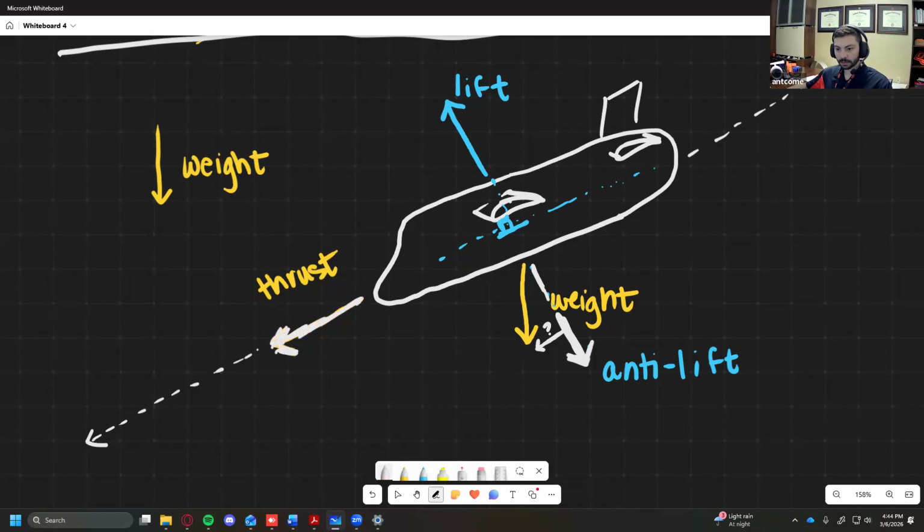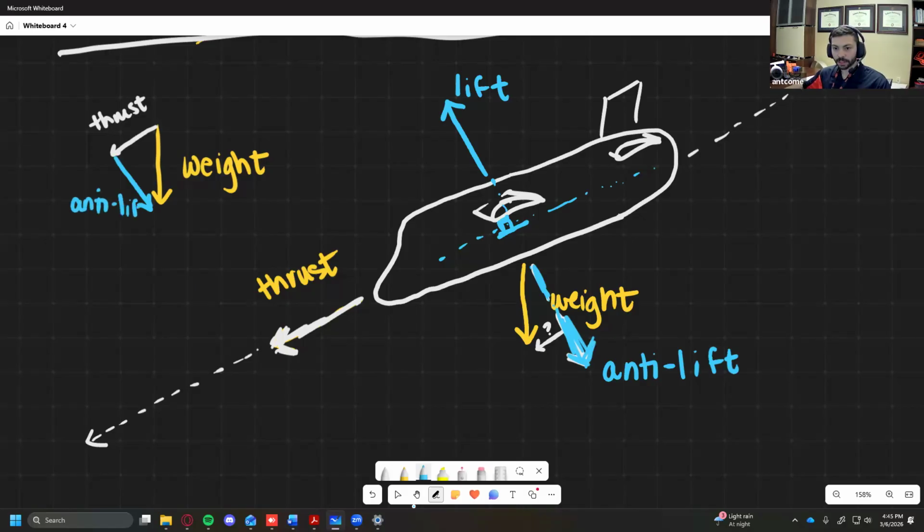So we have our thrust. And we have this anti-lift, which I also made white. I need to make something blue now. I feel like I keep changing the colors. Make this back to blue again. Going back to where we started. Anti-lift. Okay.